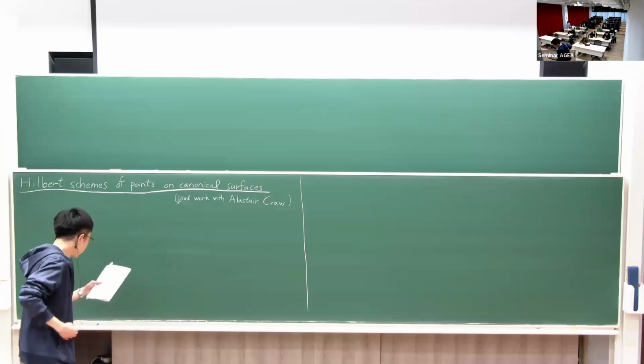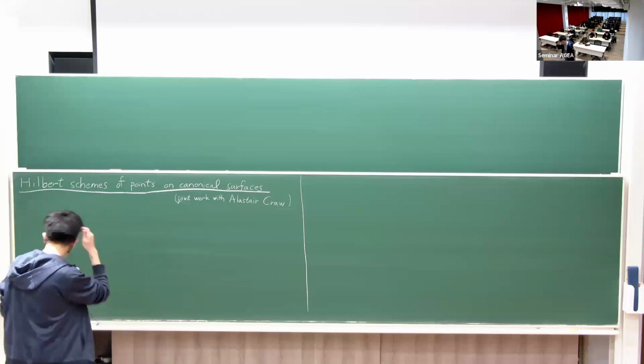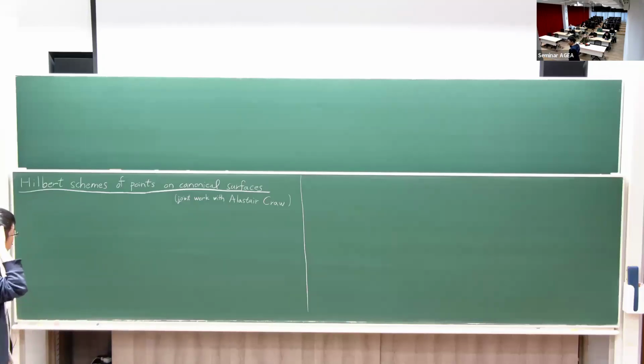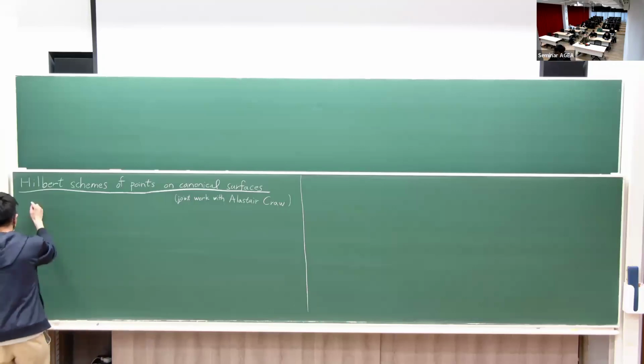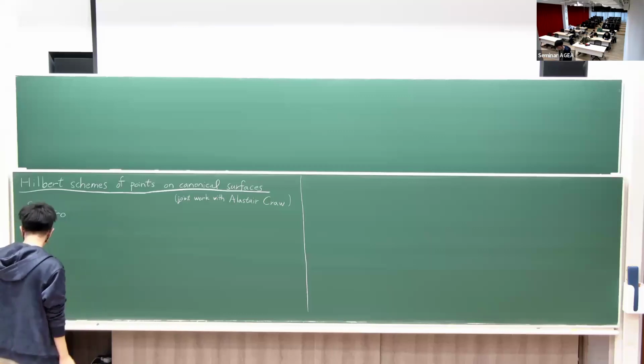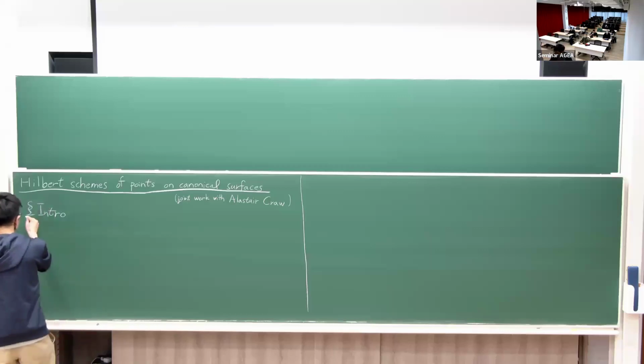So today I'd like to talk about Hilbert schemes of points on surfaces. Let's start with the definition of Hilbert schemes of points. Basically, in this talk, we only consider surfaces.